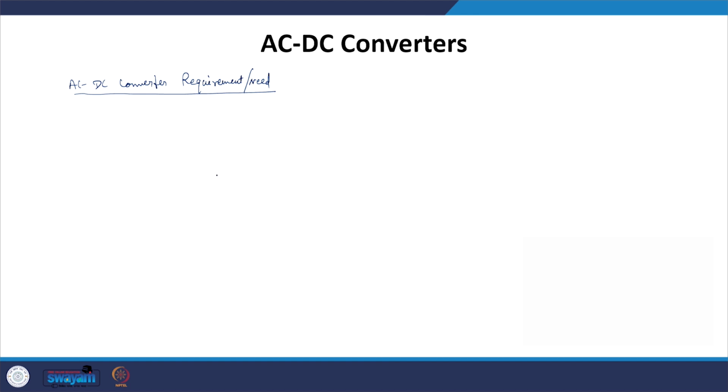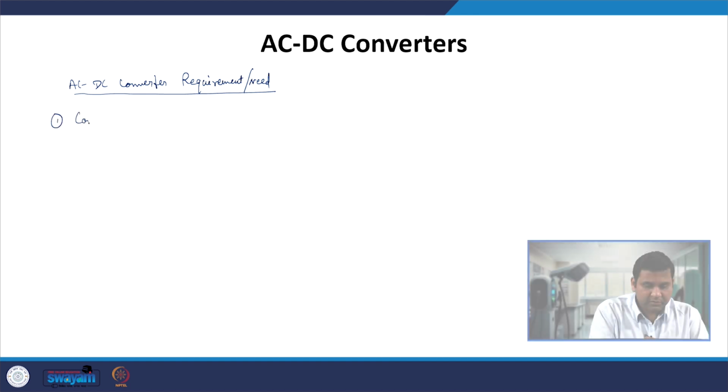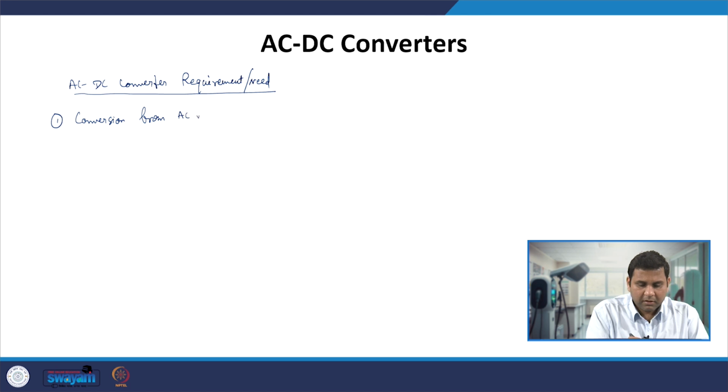We need an AC-DC converter because, first, obviously, of the conversion from an AC voltage source to DC.